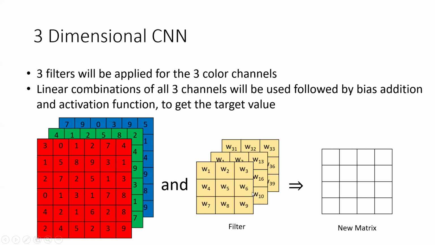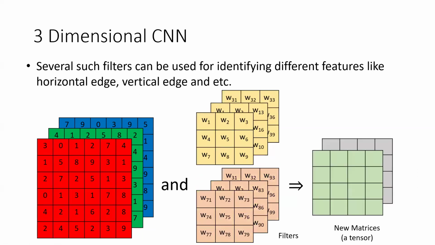But when we are really applying it, this is what really happens. That means suppose we have 2 filters, right? For example, for the horizontal edge and the vertical edge. Horizontal edge, this is for the vertical edge.